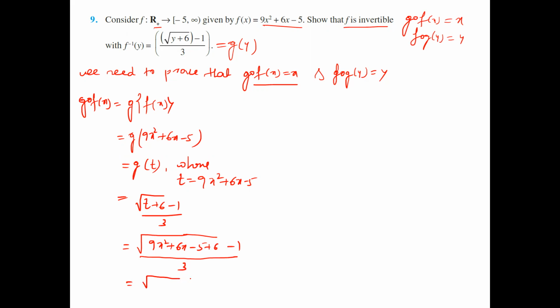Now this can be written as 9x square as it is plus 6x minus 5 plus 6, what is the value? Plus 1, minus 1 outside as it is, divided by 3.